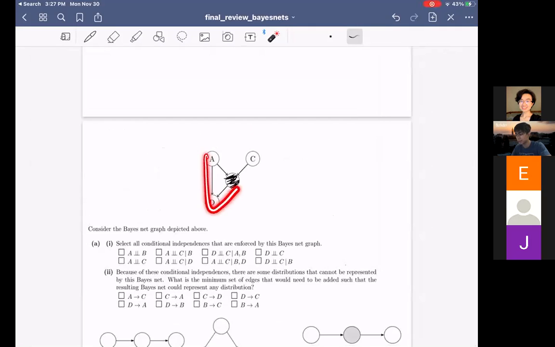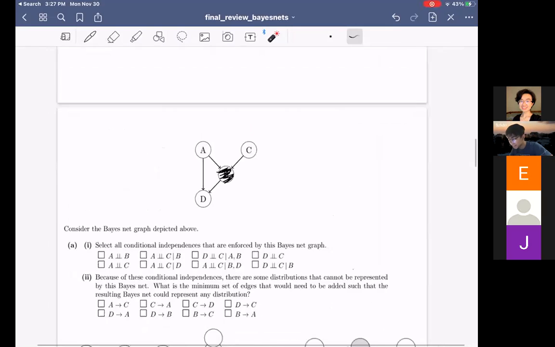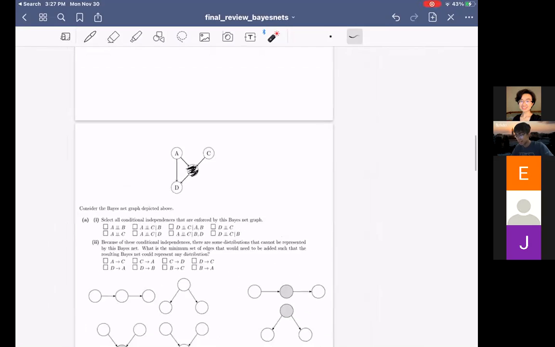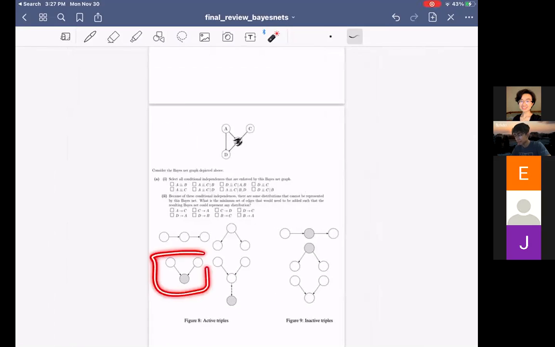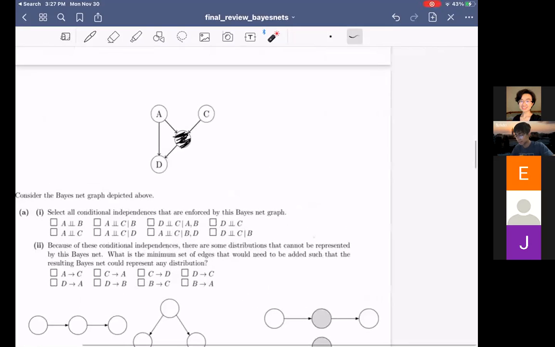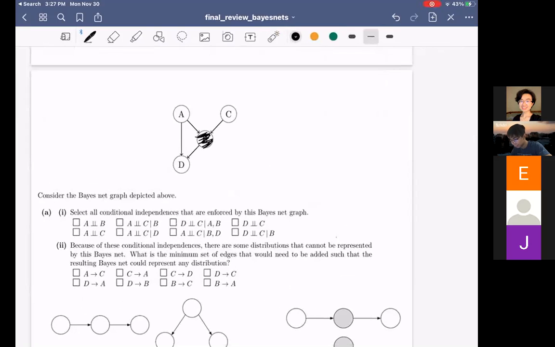There's no way to go along this path and influence C because it's been blocked. The other path is A, B, C, where B is given. Now this actually is an active triple. So we've successfully found an active path. So that means that A can influence C potentially.